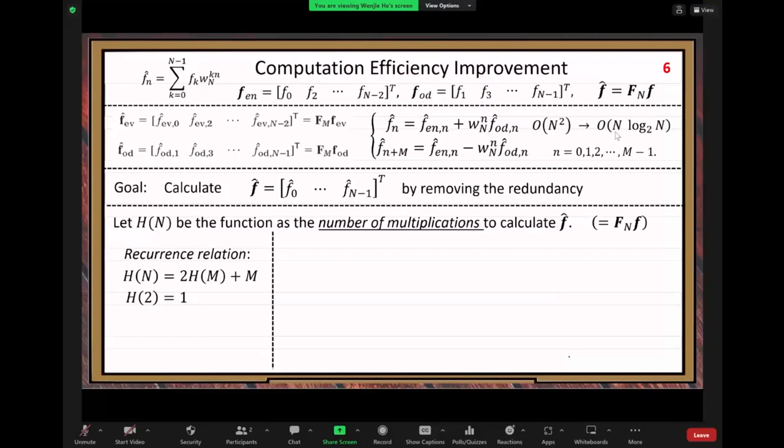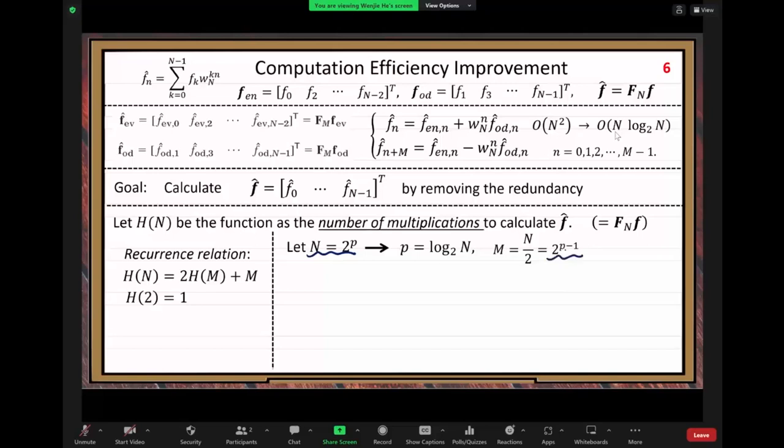It's pretty simple, but we need to assume capital N is a power of 2, 2 to the P. Then P equals log base 2 of N. Now we can solve. So capital N divided by 2 is 2 to the P minus 1.